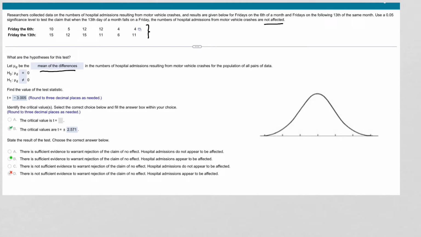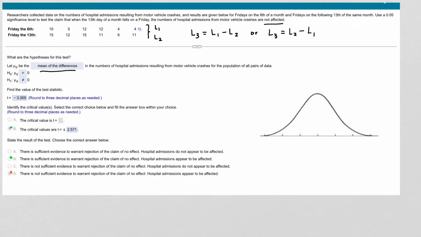So we're going to start by finding the value of the test statistic, and you can do this by putting the Friday the 6th data into L1 and Friday the 13th into L2, and then we can make list 3 L1 minus L2 or L2 minus L1.